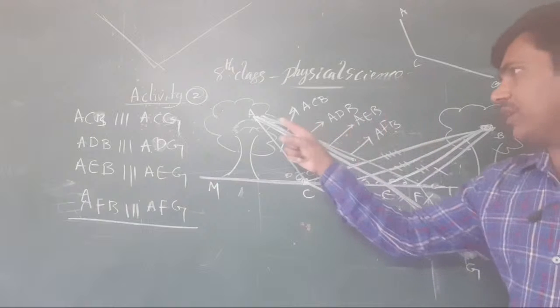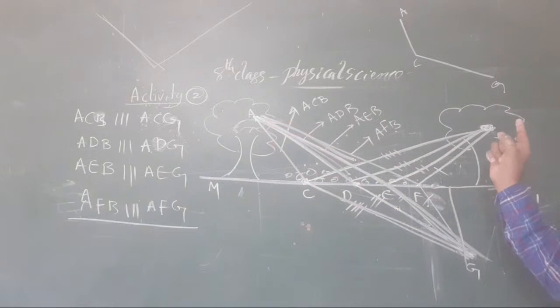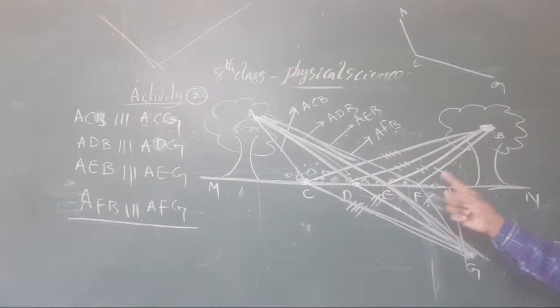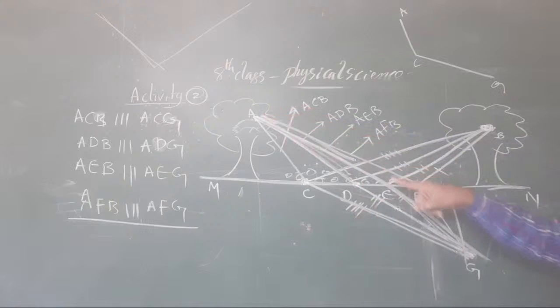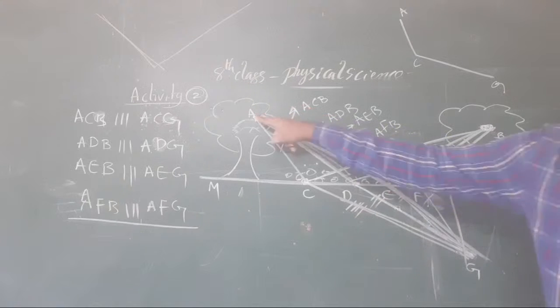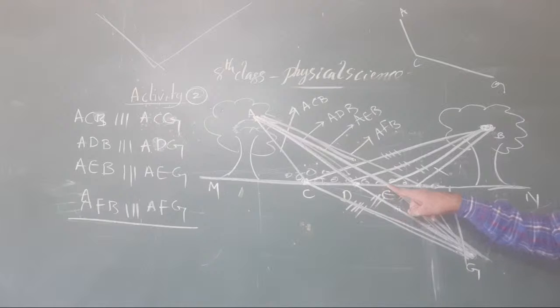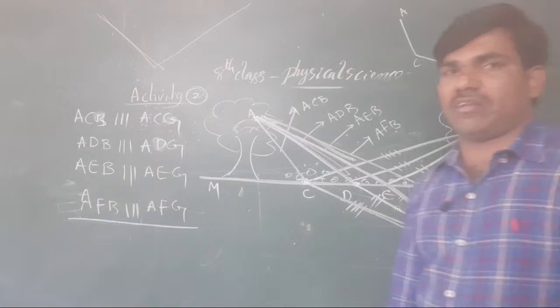It should not go through ACB, AC, or ADB. It selects the same distance from A to MN, and again the same distance from E to B, that is from MN to B. That is the shortest path.